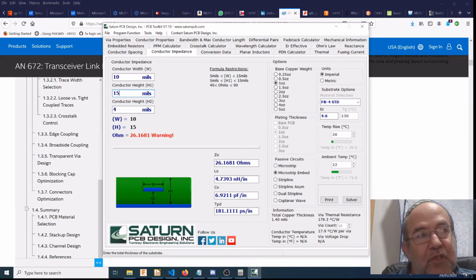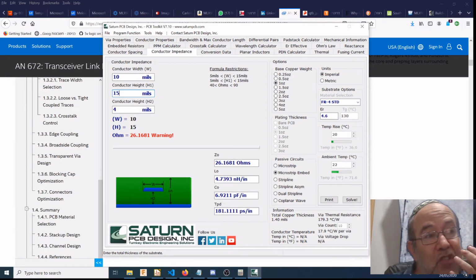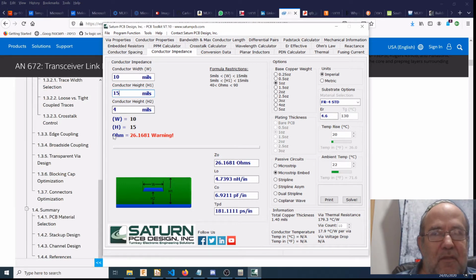But what they don't realize is that each layer is going to have a slightly different TPD, which means the delay caused via the track.